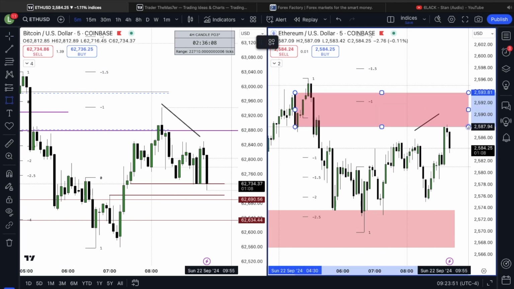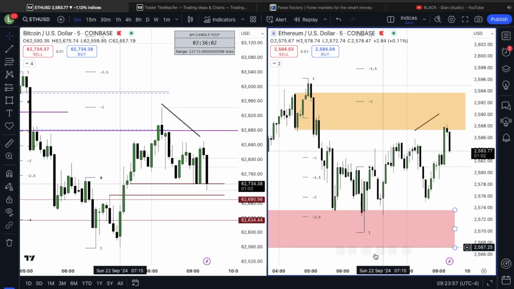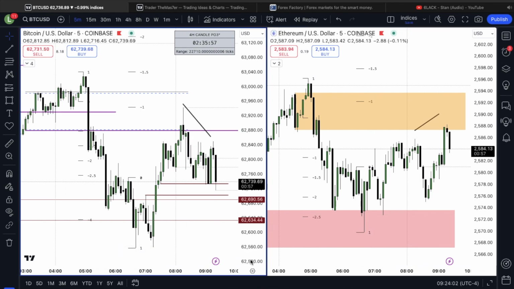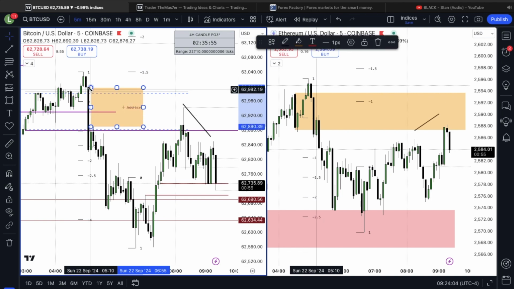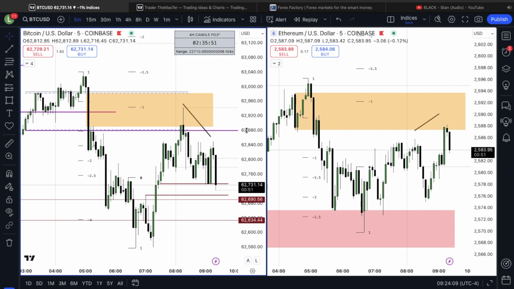There is this 5 minute breaker that Ethereum just retraced into. With us, we just have a 5 minute FVG. And then also remember that 1 hour bearish order block.